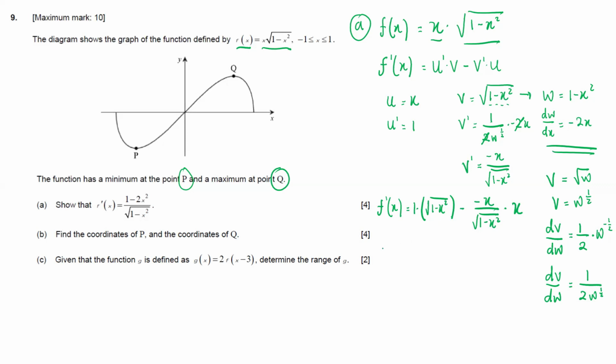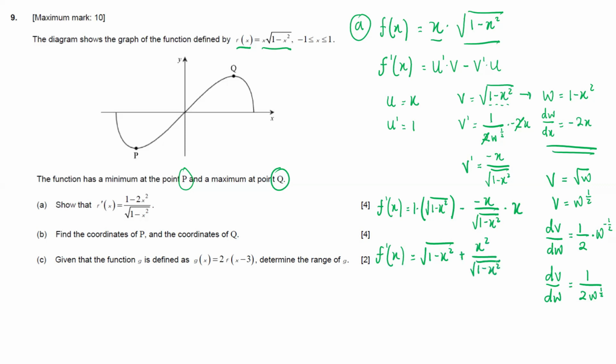Okay, so what will we have here? The f prime x. It's going to be the square root of 1 minus x squared. Oh, I cannot combine it yet. So I will have the square root of 1 minus x squared plus x squared over the square root of 1 minus x squared.